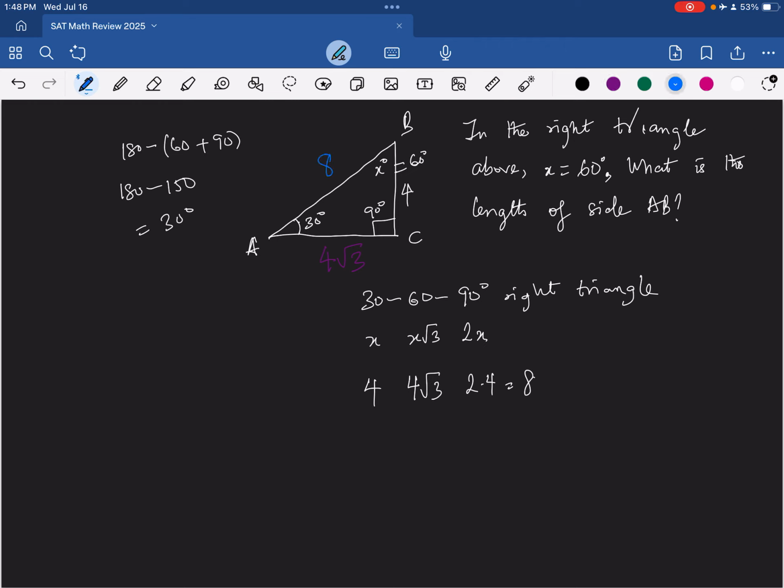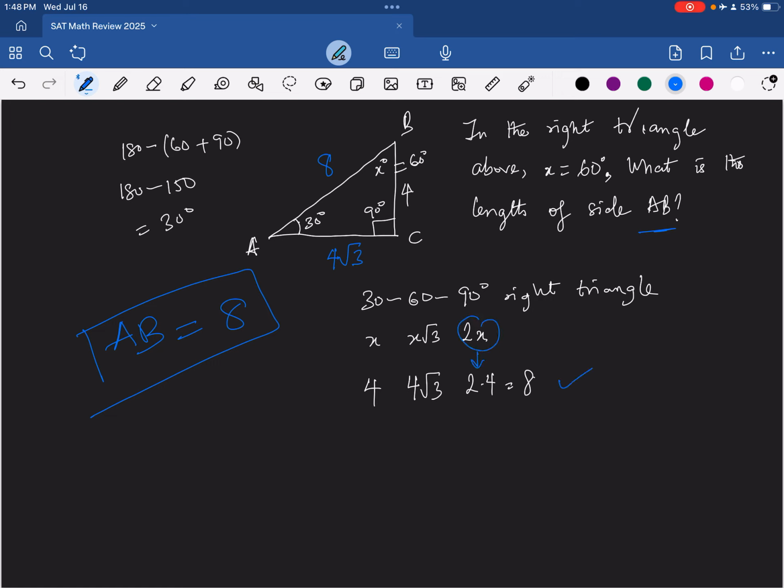So this is 4 root 3, and this is 8. Now the question is, what is the length of side AB? The length of side AB, therefore, is 8, because that is the side facing the 90, and for the side facing the 90, you have 2x, which is 2 times 4, which is 8.